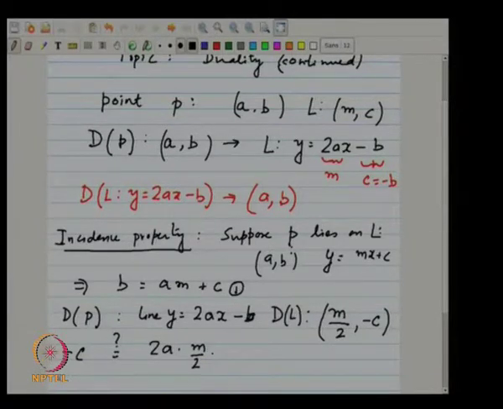I mean, the line is mx minus b. So, is it equal to this?